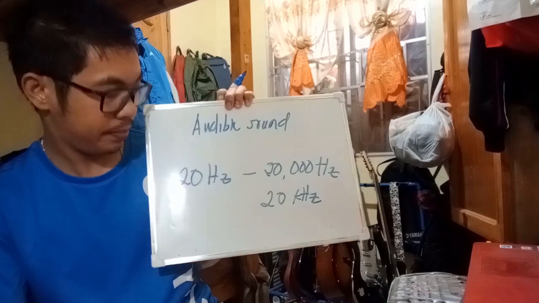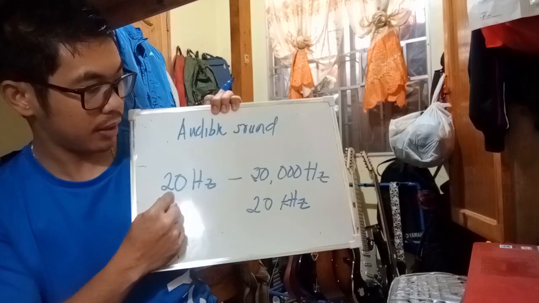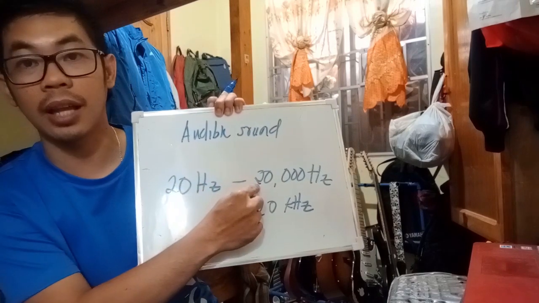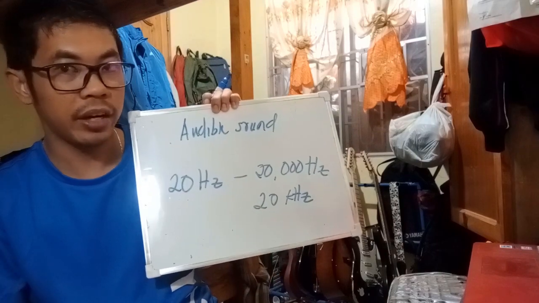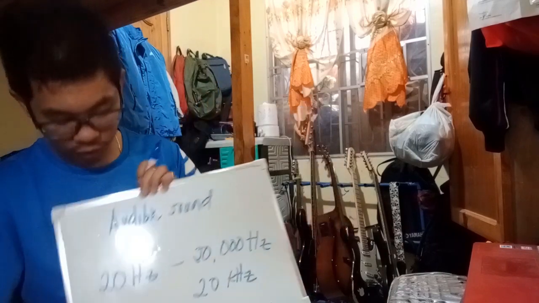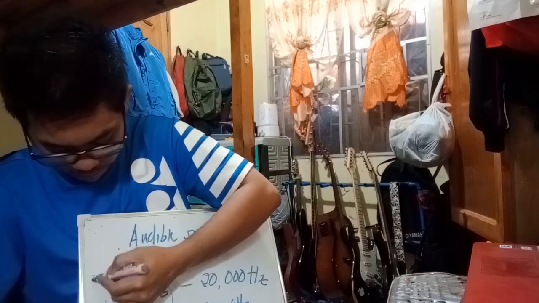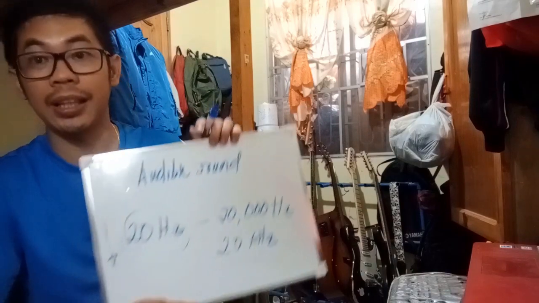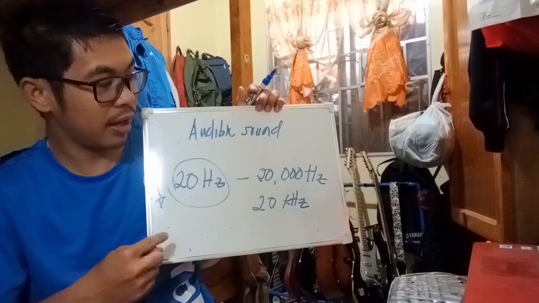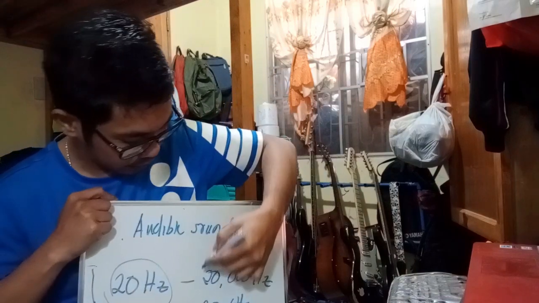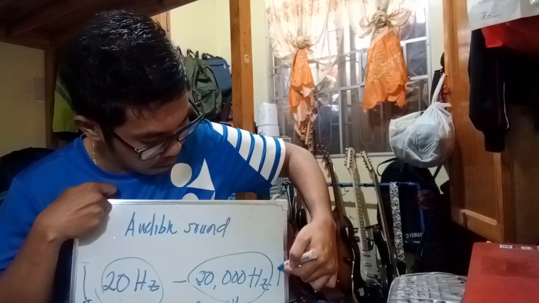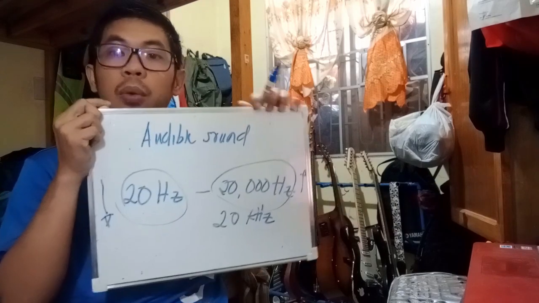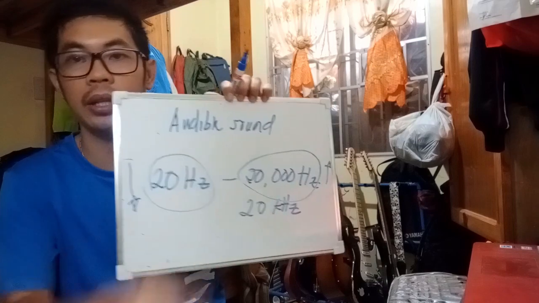For the human ear, we only hear from 20 Hertz until 20,000 Hertz, or simply 20 kilohertz. Infrasound or infrasonic sound are sounds that are below 20 Hertz. And ultrasonic sound is the one beyond 20,000 Hertz or 20 kilohertz.